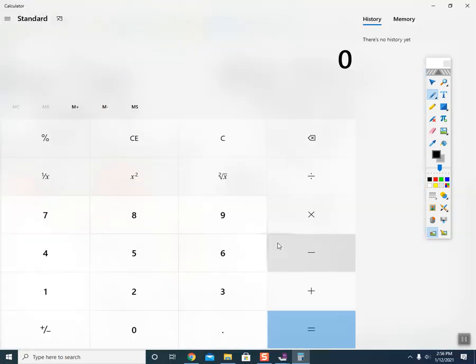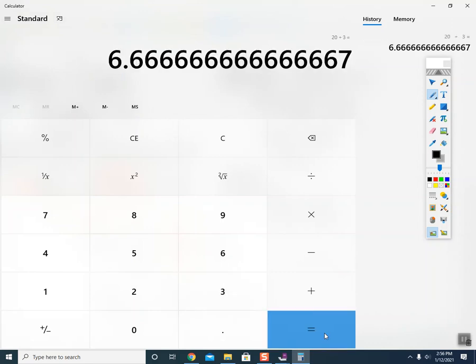If I do 20 divided by 3, it's going to be 6.6 repeating, and it ends in a 7, but that's because the calculator just makes the number end at some point. Right, so this is actually the number 6 2/3. So the fraction 2/3 is 0.6 repeating forever and ever.